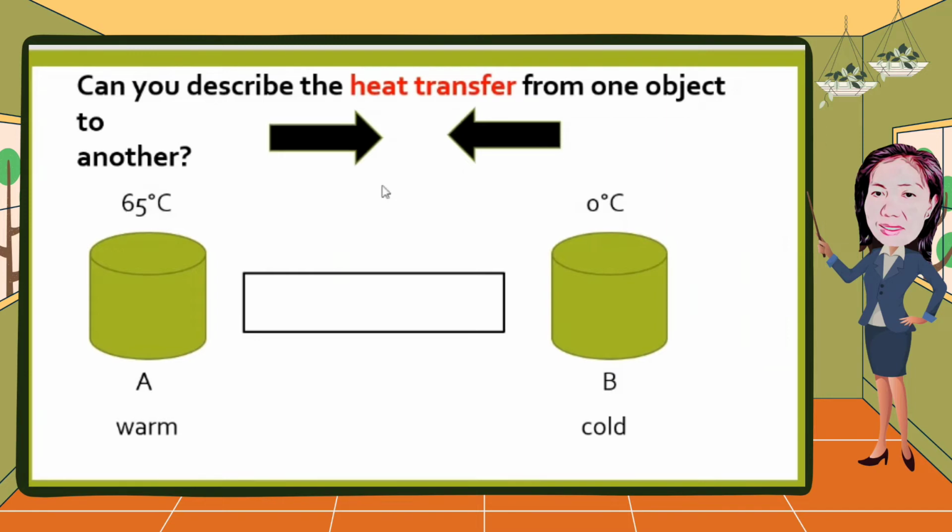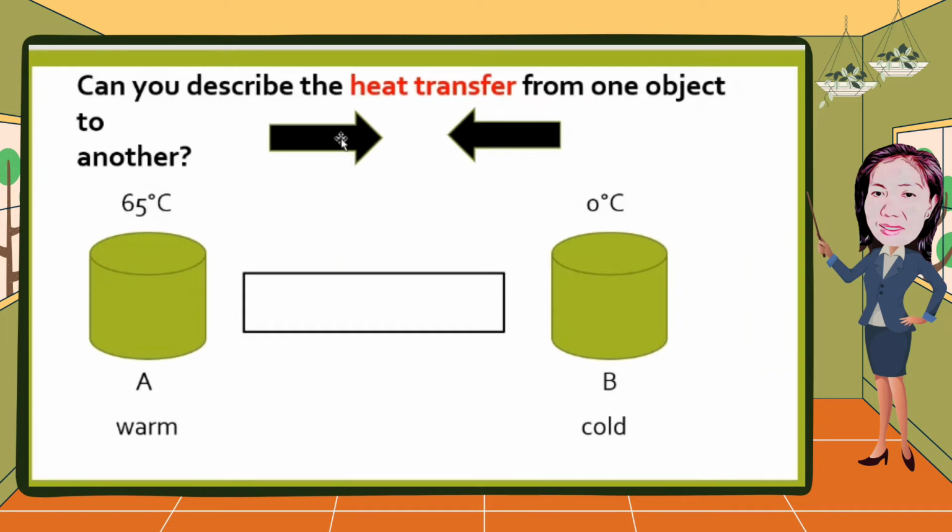The correct arrow between the two objects. Remember, heat transfer starts from high temperature to low. So object A is 65 degrees Celsius and object B is 0 degrees Celsius. So what do you think is the correct arrow? Is it to the right or to the left? To the right, ma'am.